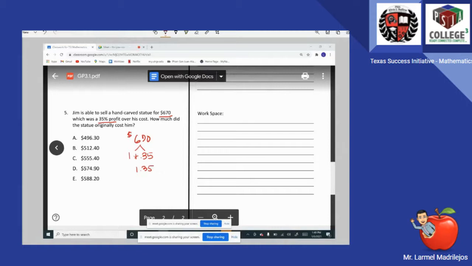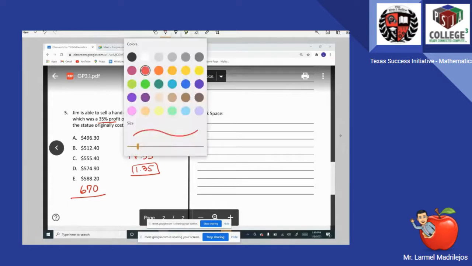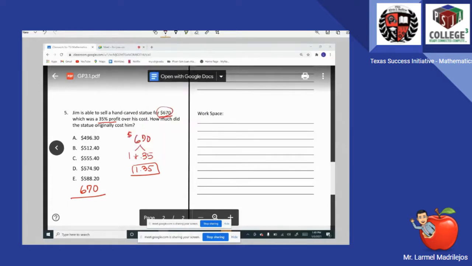Original value. So what we can do right now is verify. Let's do the strategy: which one matches this number here? I'm going to divide that number there. So 670 divided by whichever number here. Let's start with this number here.